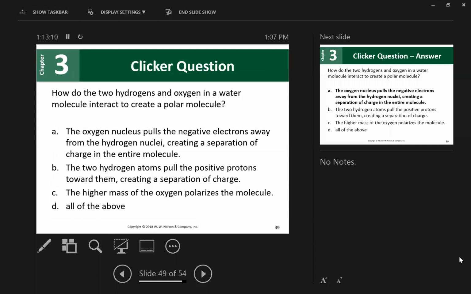Number 2, how do the two hydrogen and oxygen molecules in a water molecule interact to create a polar molecule?